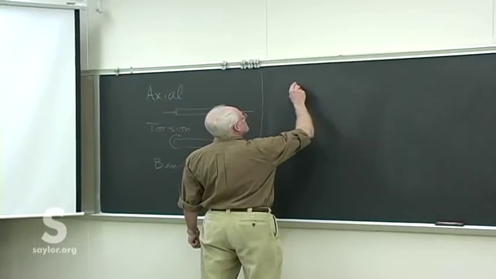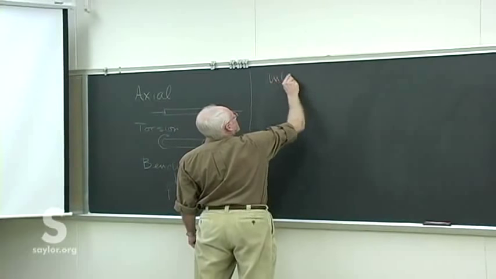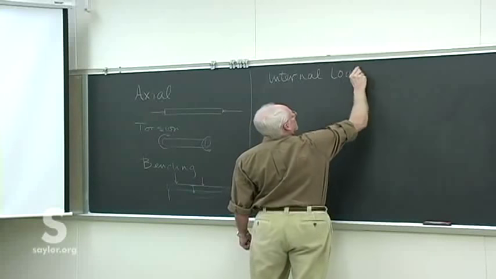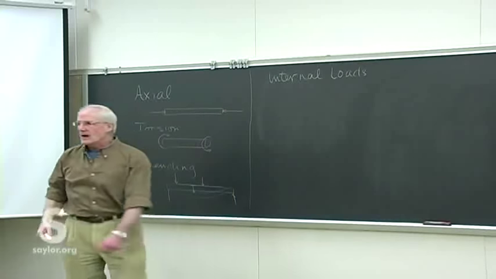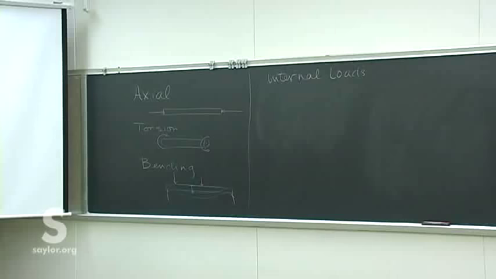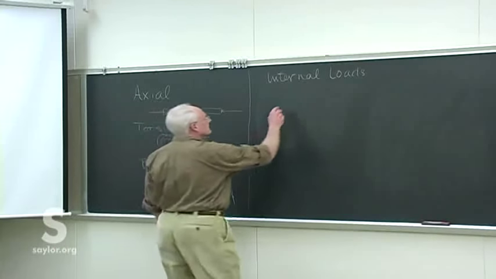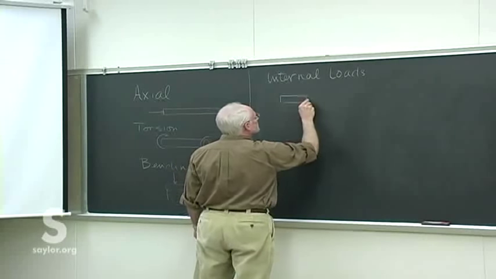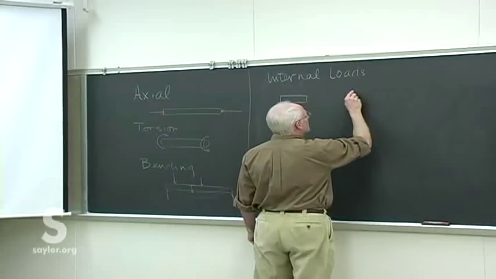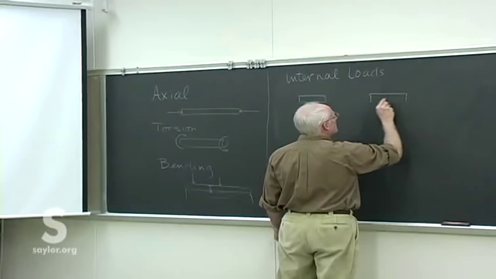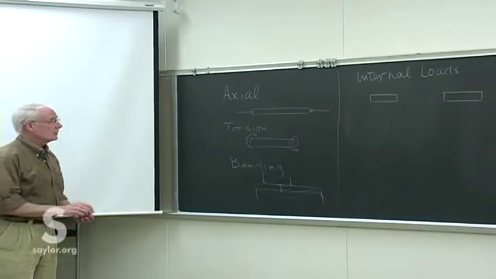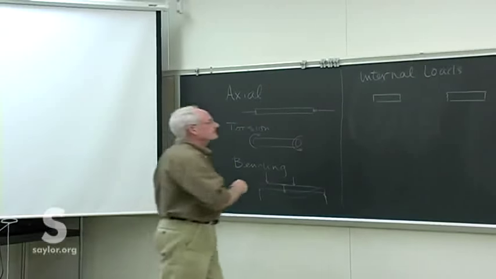A little bit of a reminder, what we're going to be doing, of course, is graphing the internal loads, the internal shear and moment. And if you remember, as we did that, we had a convention for what's positive and what's negative as we look at these.